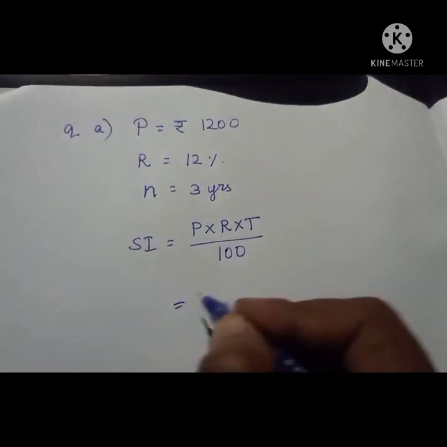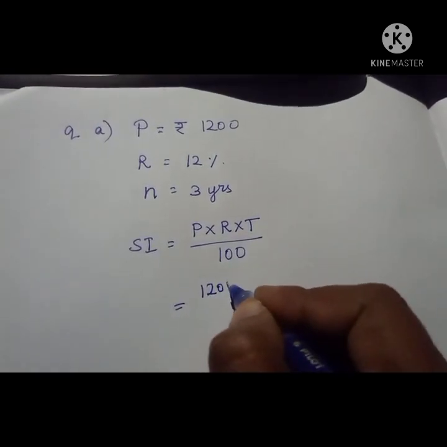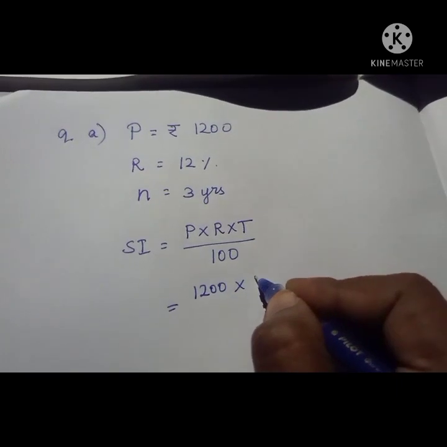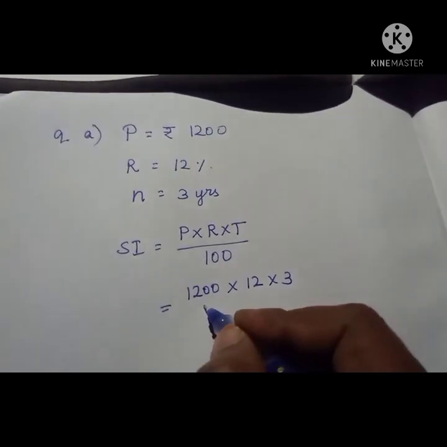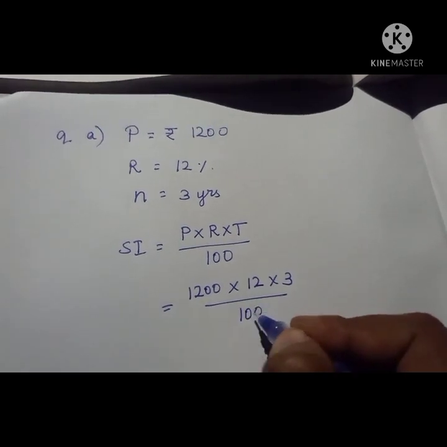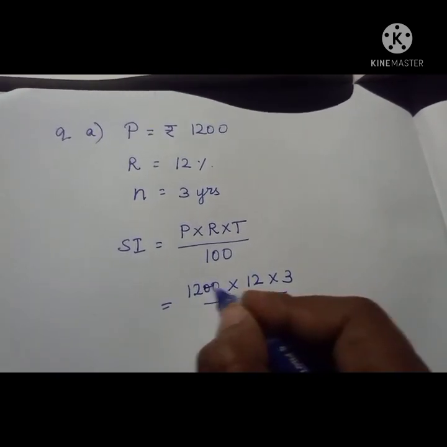N or T by 100. So, what is P? 1200. Rate of interest? 12%. How many years? 3 years, by 100. 0, 0 cancel, 0, 0 cancel.